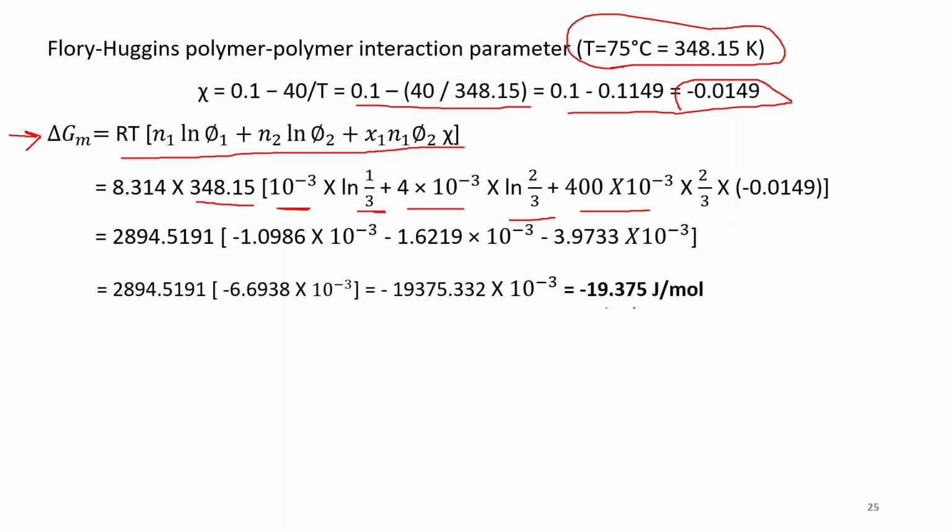When we calculate it, we get the value as minus 19.375 joule per mole, which is negative. So this mixing is thermodynamically spontaneous.